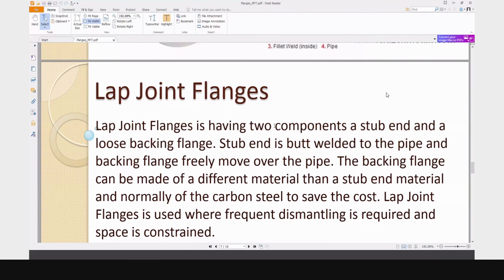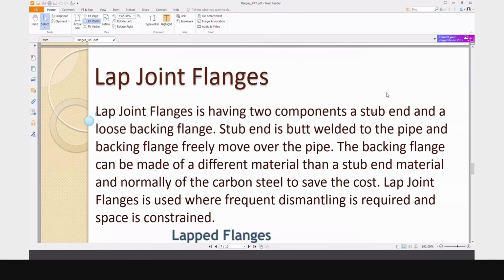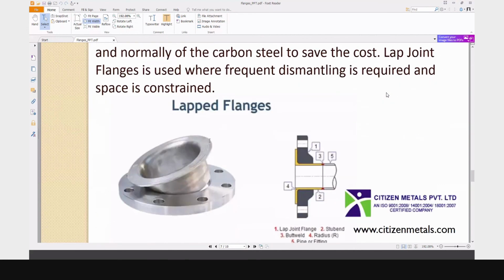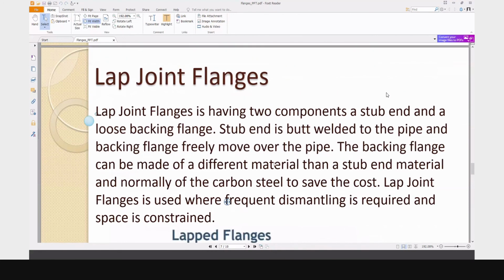It has two components. You see here, a stub end and a loose backing flange. Number 2, this is the stub end, and the other is the backing flange.